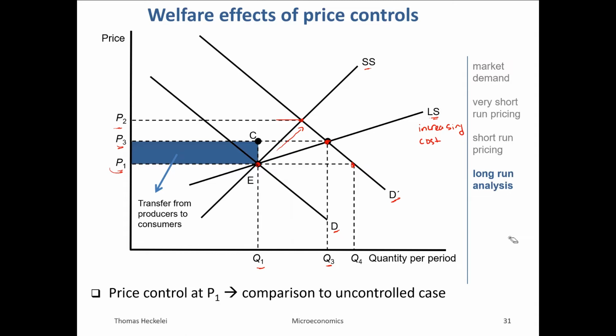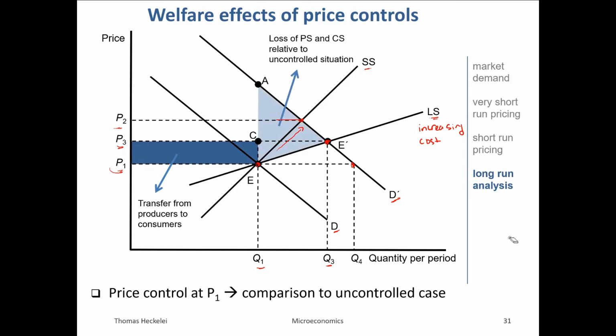Now, to make it clearer: this is a transfer from producer to consumer because producers now suffer a lower price than they deserve, or than they would have had in the new equilibrium, where the price would be free, right? So they are selling at a lower price instead of a higher one, while on the other side consumers enjoy a lower price than it should have been. So that's a welfare transfer.